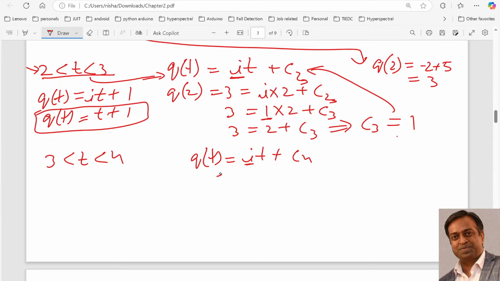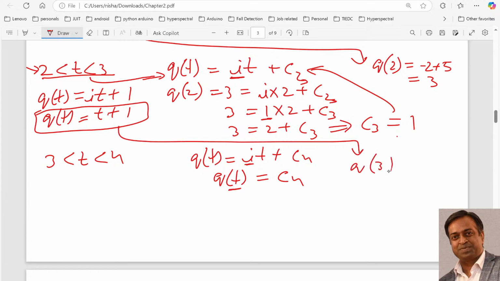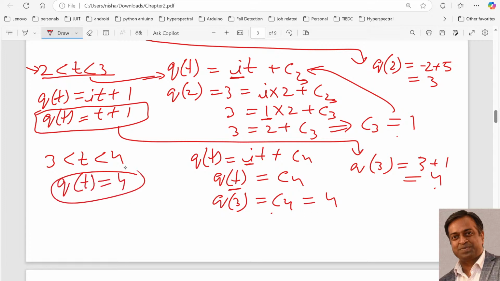It means that our q(t) equals c4, and from this equation we can see that at q3 it will be 3 plus 1, which is 4, right? And substituting this value over here, q3 equals c4, which equals 4, so we get c4 equals 4, and hence our q(t) equals 4 for this range.